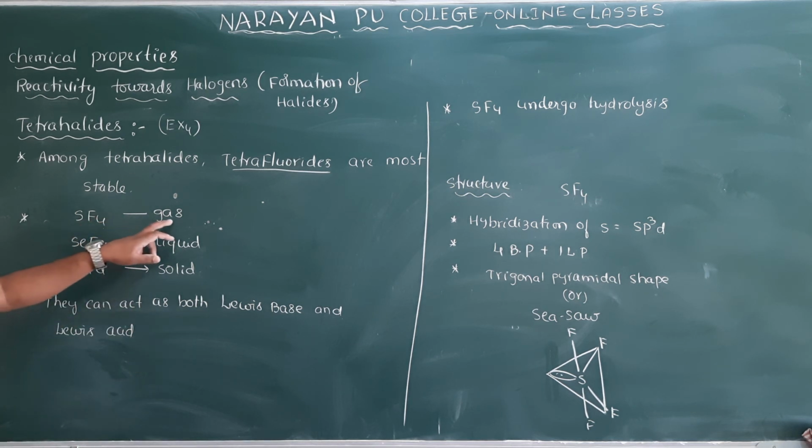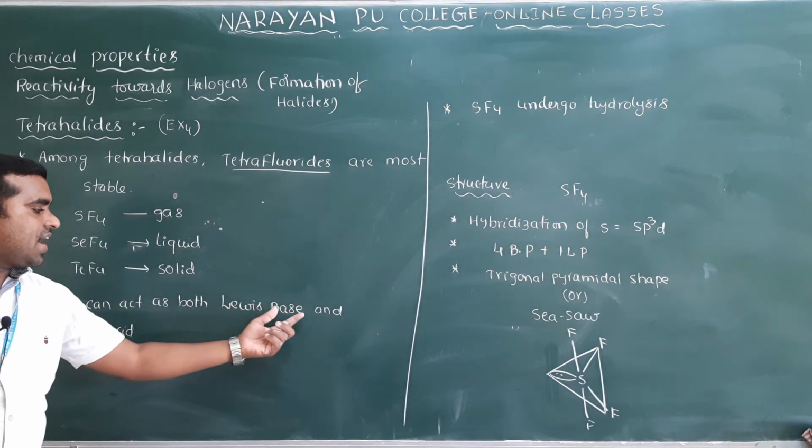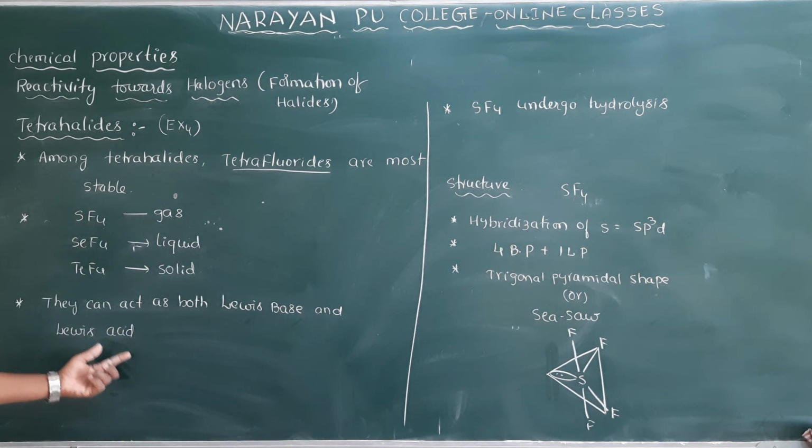SF4 is a gas, SeF4 is a liquid, and tellurium tetrafluoride is a solid. They can act as both Lewis base and Lewis acid.